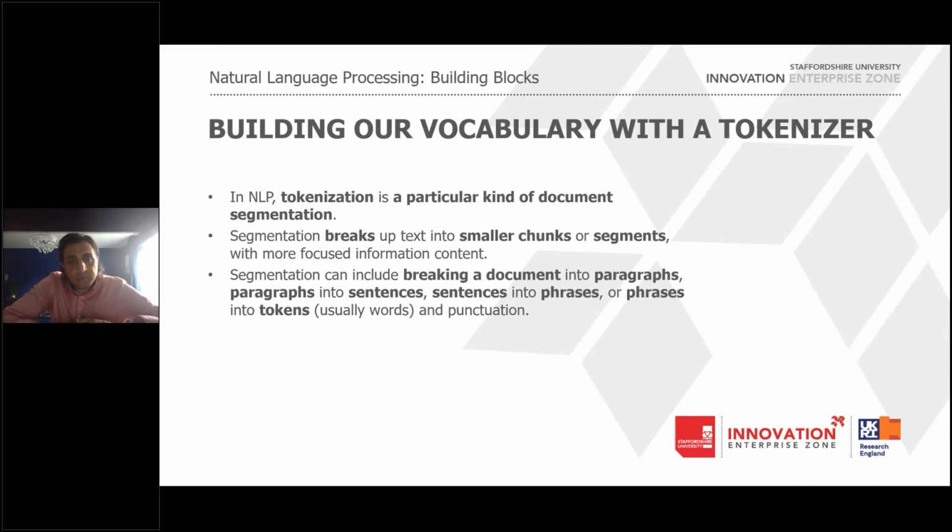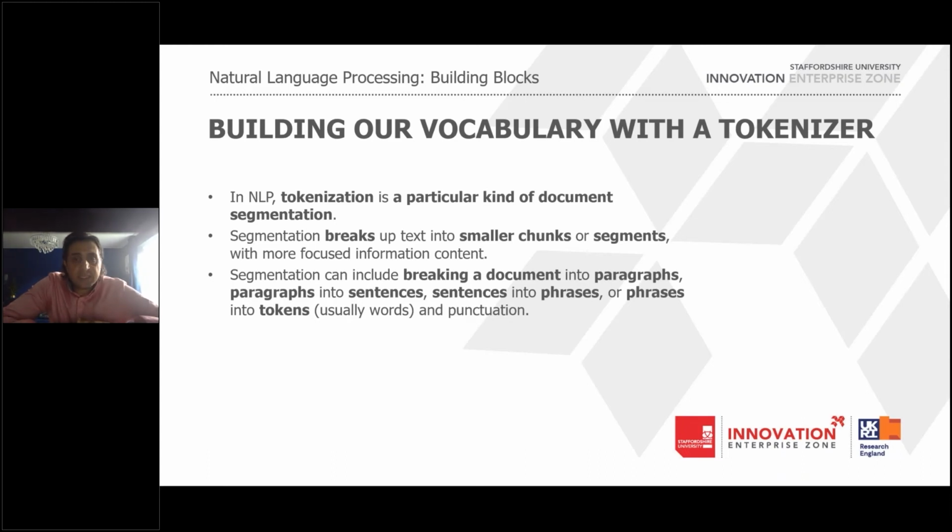So this segmentation breaks up our text into smaller chunks or segments or tokens with more focused information content, which hopefully we will pass to other parts of our machine learning or natural language processing pipeline in order for us to understand this document or this sentence better, or for our machine, of course, to understand this sentence.